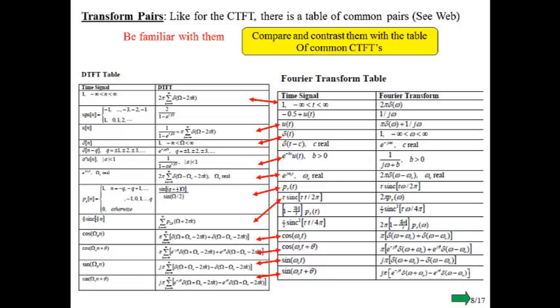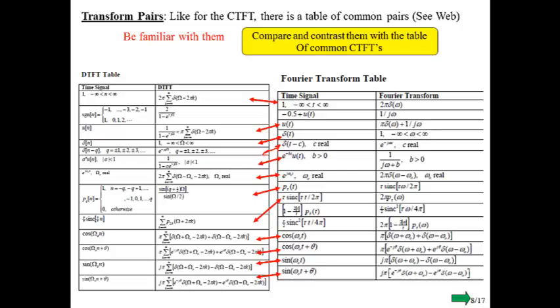Sometimes it's because they don't exist for one case or the other, but it's more likely just that it got put on one table and not on the other. And actually I see that I missed an arrow. There should be an arrow there. Those two are the same.